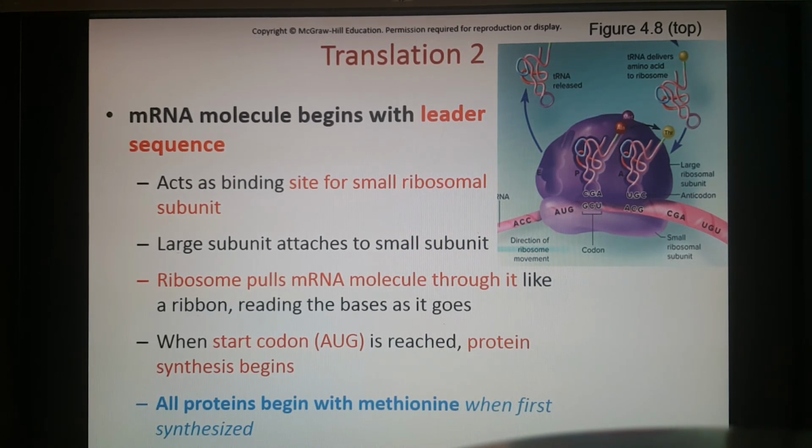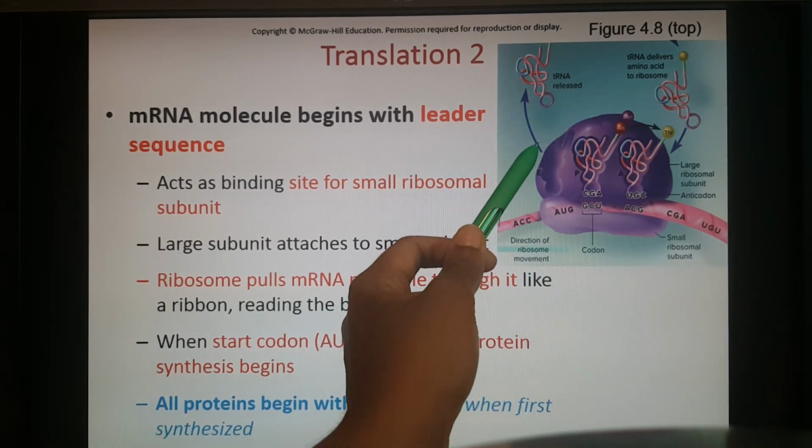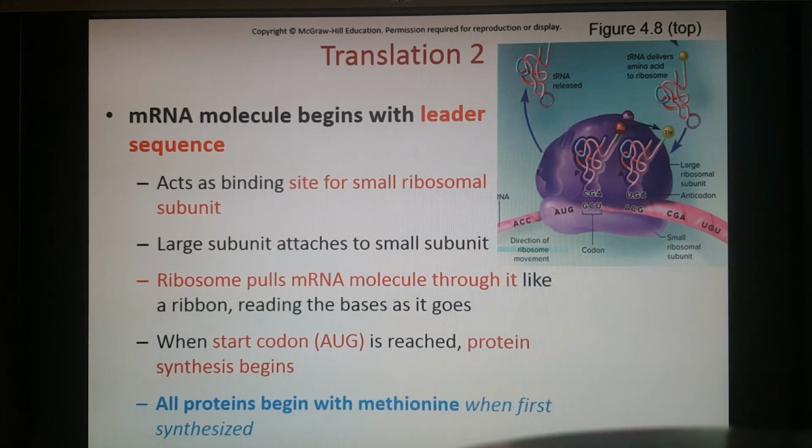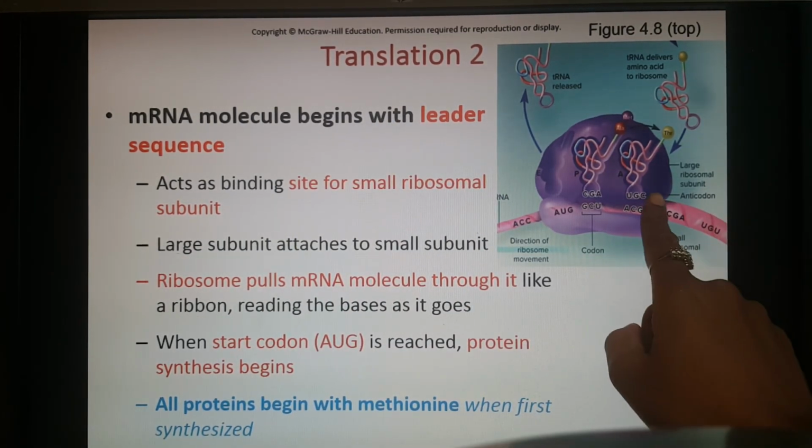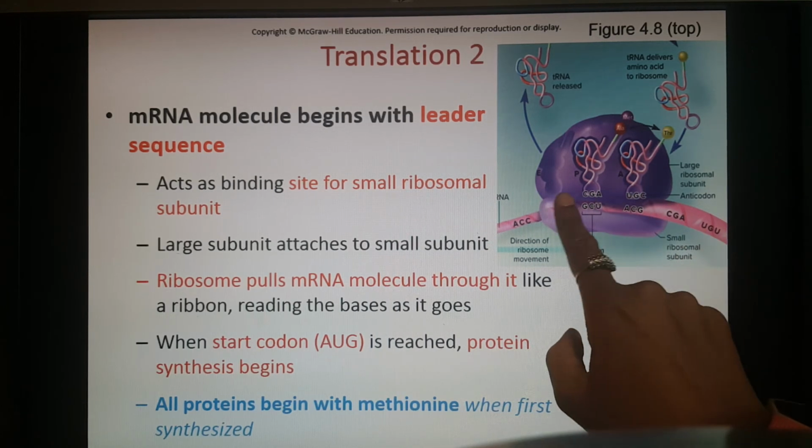So we start off with our mRNA that has a leader sequence, again a site for ribosomes to bind to. As the ribosome goes through your mRNA sequence, instead of the ribosome moving, it actually pulls the mRNA into it.